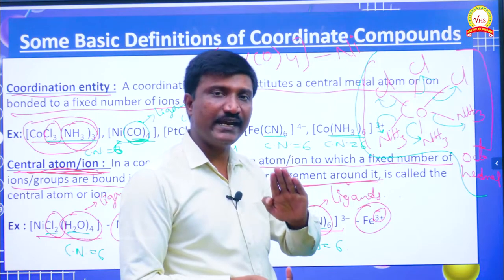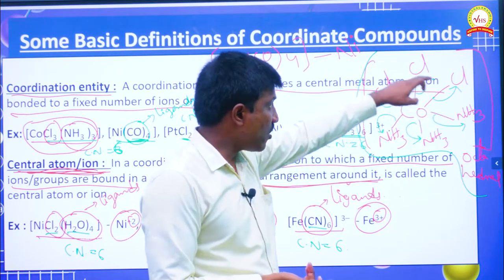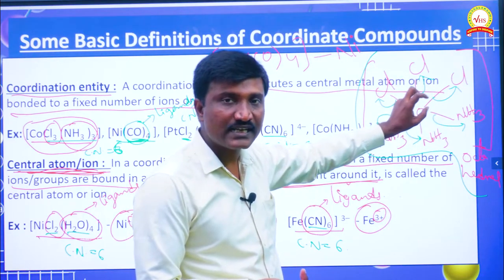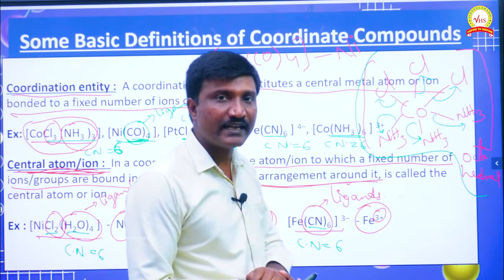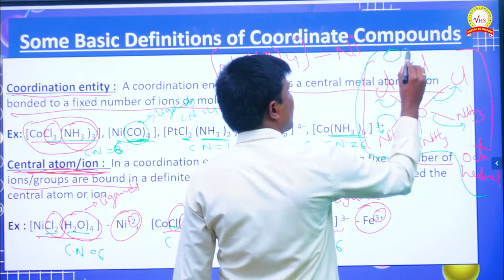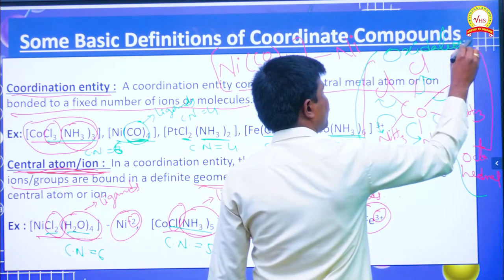That charge gained by the central metal atom or ion when all the ligands are removed from it along with their bond pair electrons is called the oxidation number of that central metal atom.